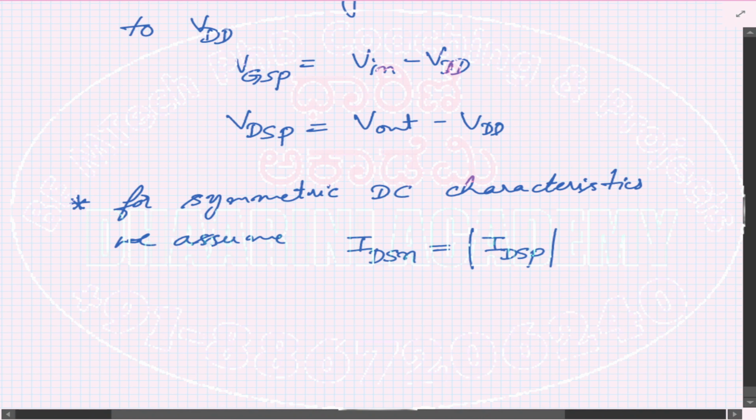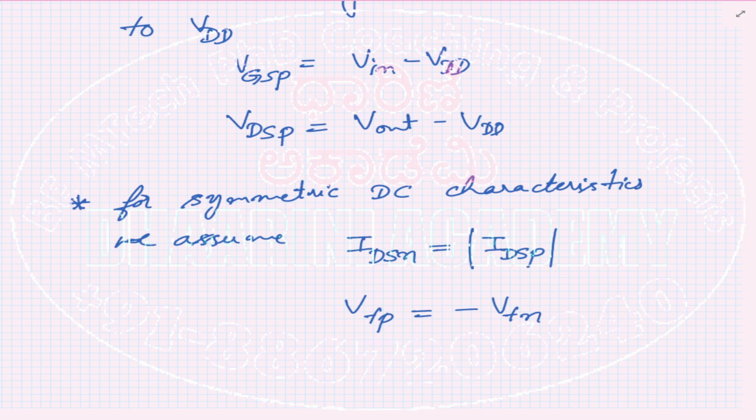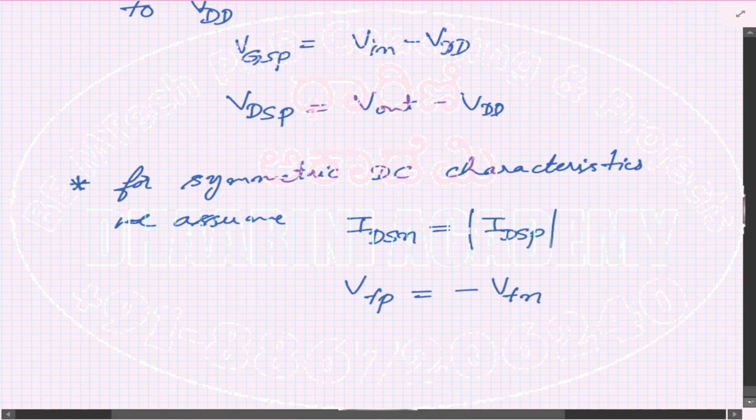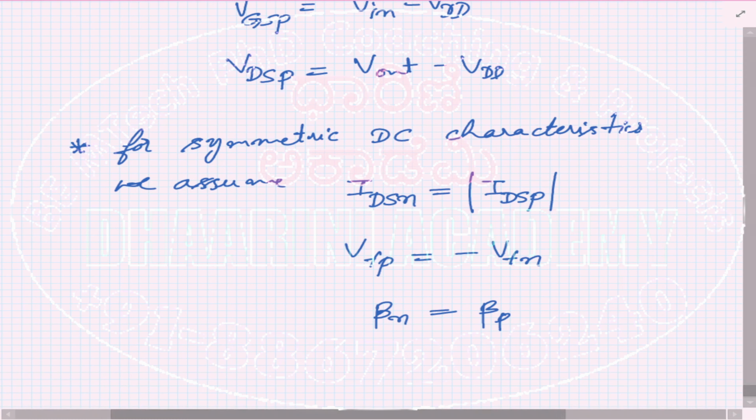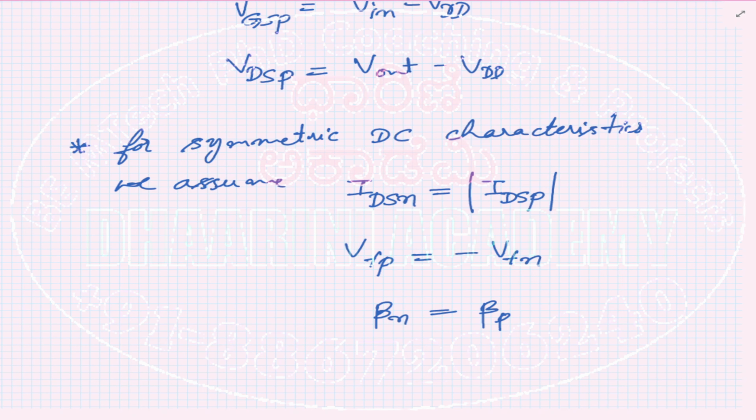Second, V threshold of the PMOSFET should be equal to minus V threshold of the NMOSFET. If one has plus 1 volt, the other should have minus 1 volt. This is the symmetric property. And also we expect the beta value of the NMOSFET is equal to the beta value of the PMOSFET. Under these conditions, it is expected that you will get the proper symmetric curve.